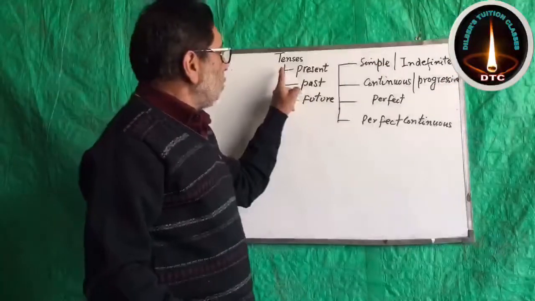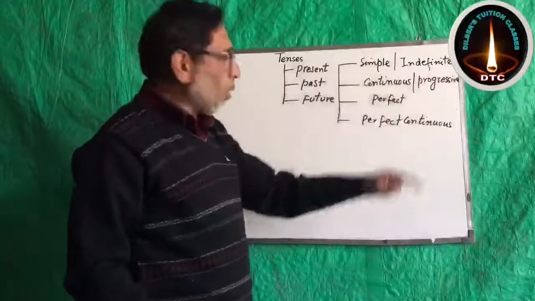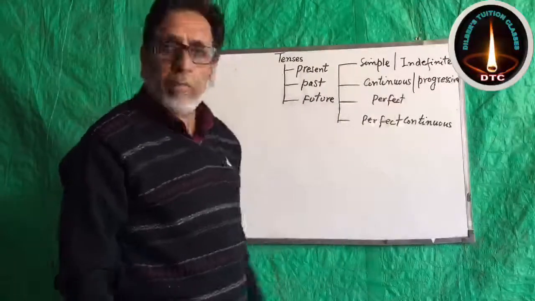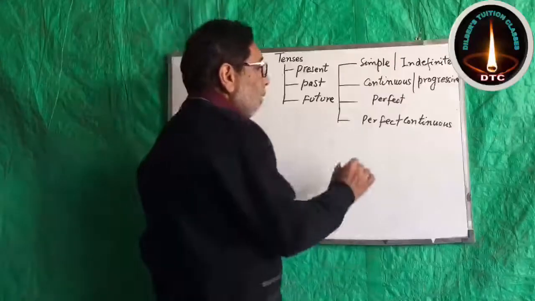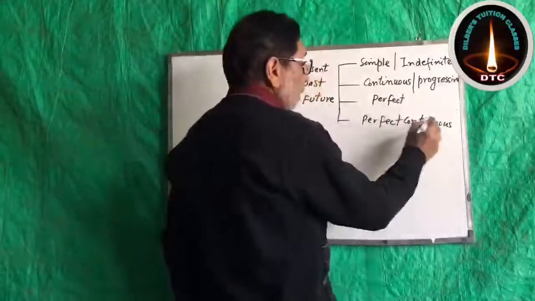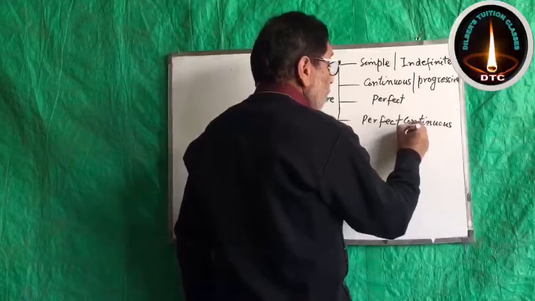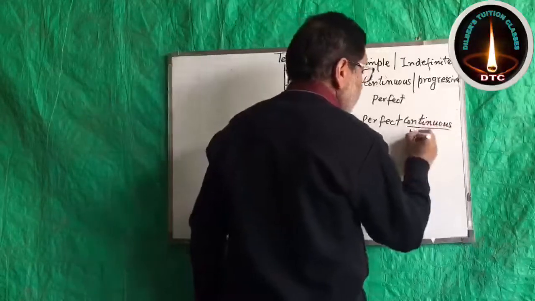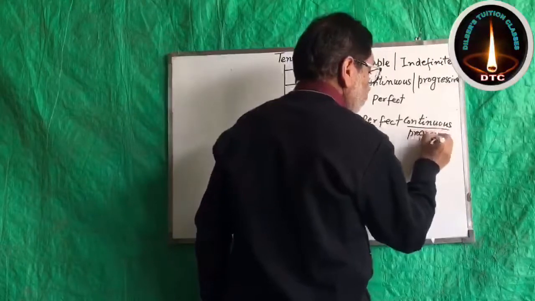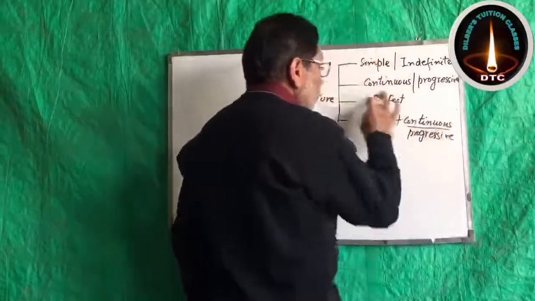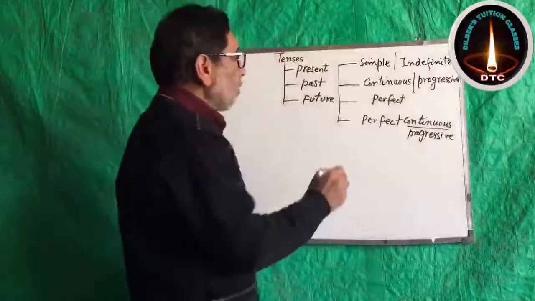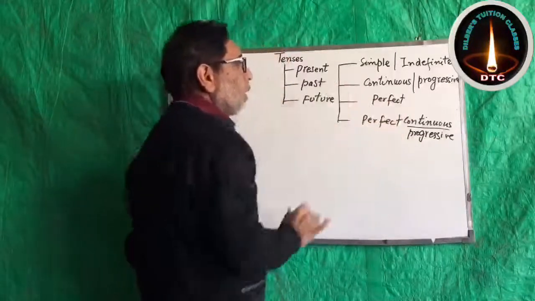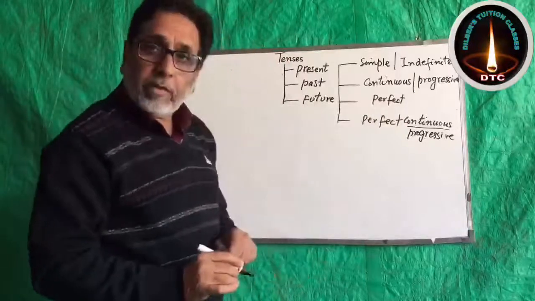So you can say present continuous or present progressive, past continuous or past progressive, and accordingly future progressive. Accordingly, perfect continuous can also be known as perfect progressive. Perfect and perfect continuous together are also known as perfectives.